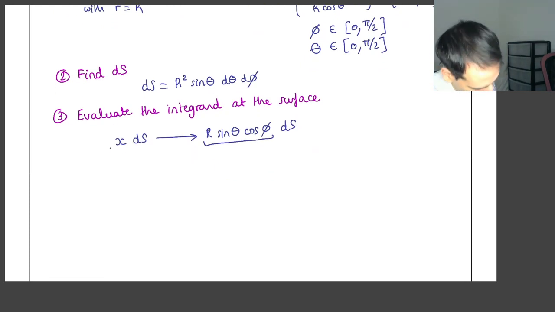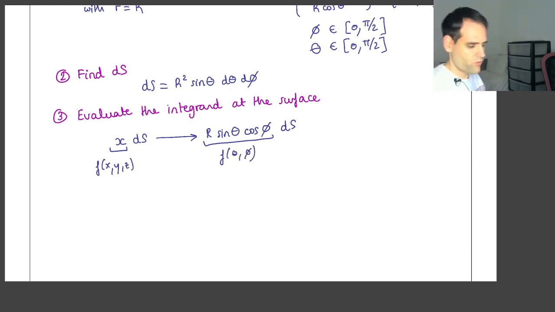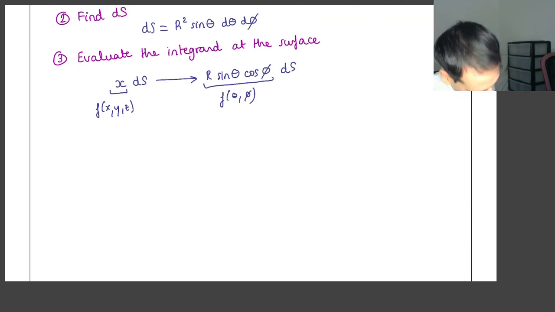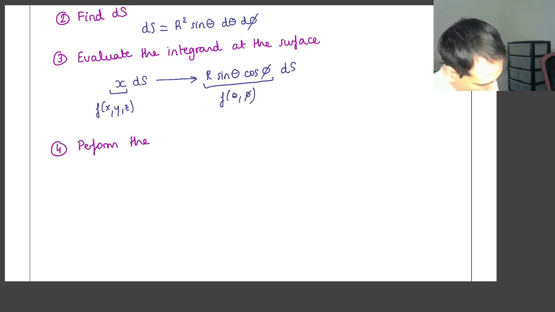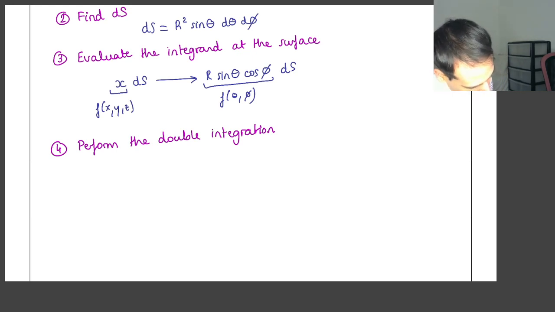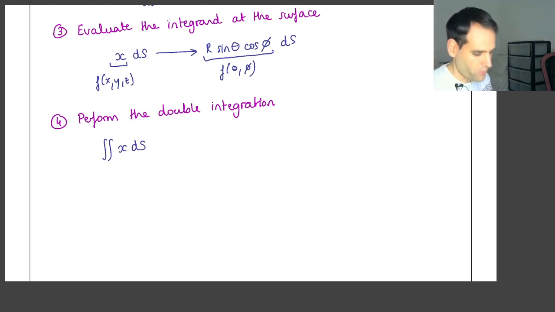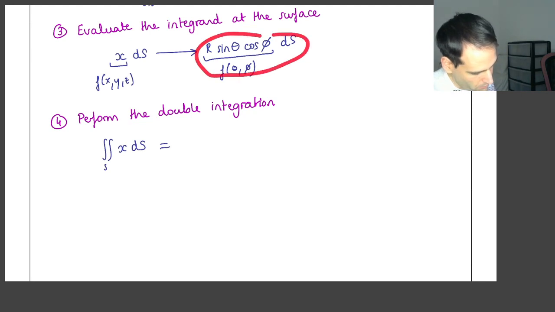So this was the function in terms of x, y, z, and now we have the function in terms of theta and phi. We managed to do this substitution. And finally, we perform the double integration. When we substitute x ds, the original integral we wanted to calculate, we use the third step here.